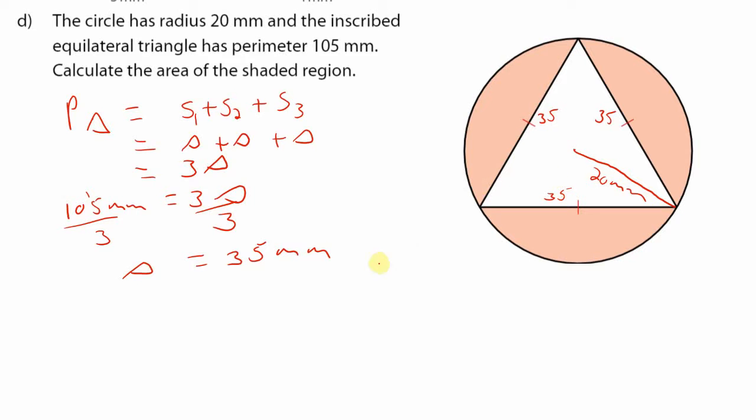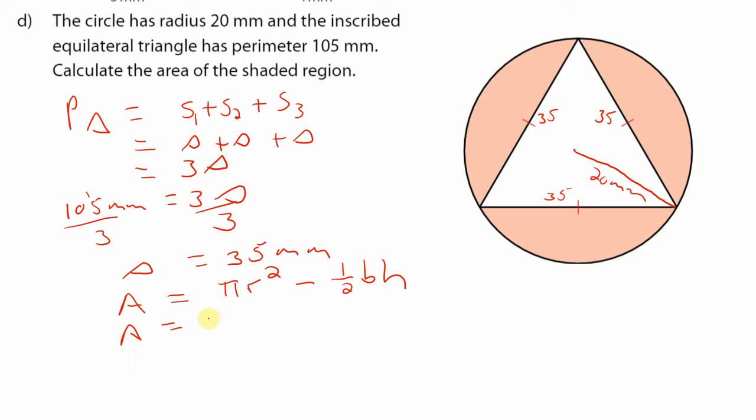So the area equals the area of the circle, which we know is pi radius squared, and we subtract the area of the triangle, which we know is half base times height.